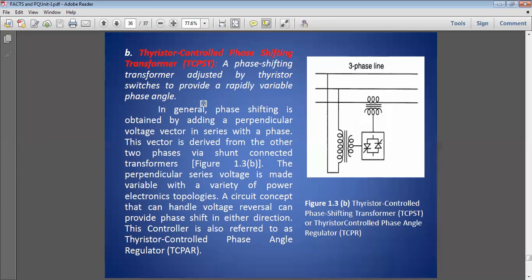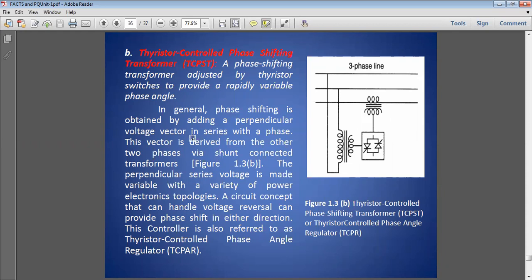And it is done with the help of some controlling device connected with the thyristor valves. Why are we using the thyristor switch? Because it avoids arcing and the heavy mechanical switching mechanism. Therefore we are using thyristor valves.